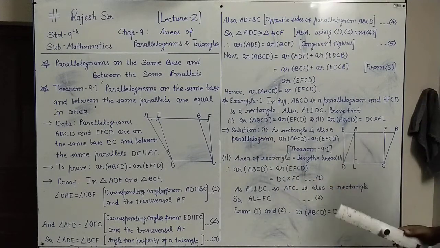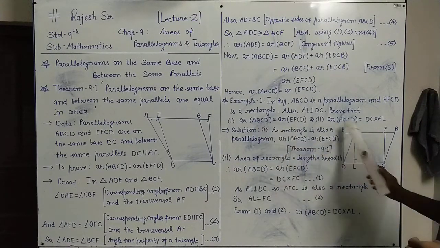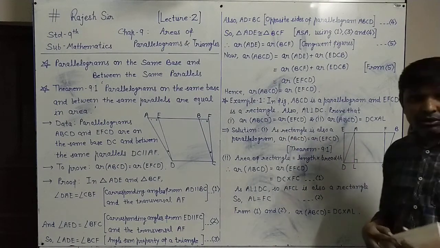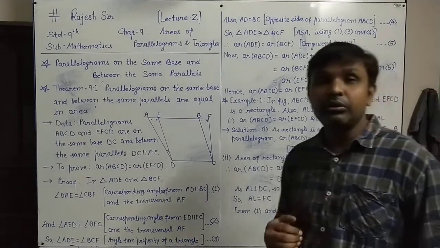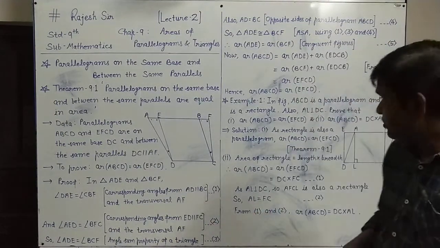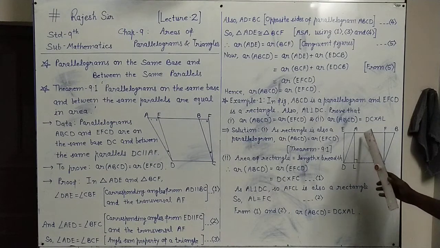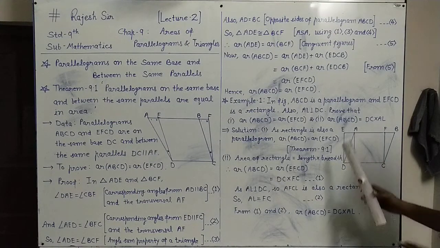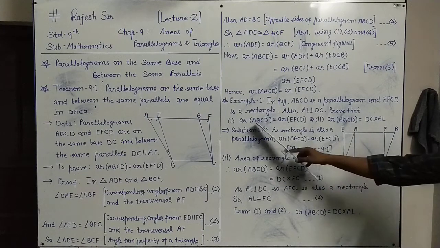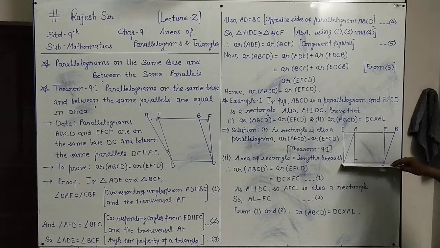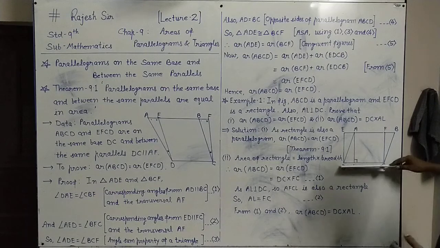So for the solution, number 1, first we want to show ABCD equals EFCD. You know that by the definition of rectangle, every rectangle is a parallelogram. So this rectangle EFCD is also a parallelogram, and ABCD is given as a parallelogram. So both are parallelograms on the same base DC, and between the two parallels EB and DC.